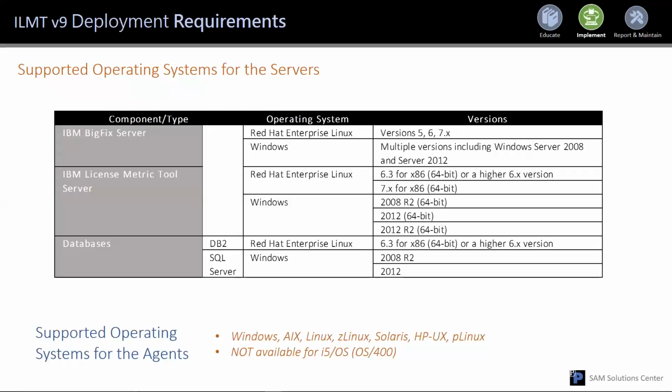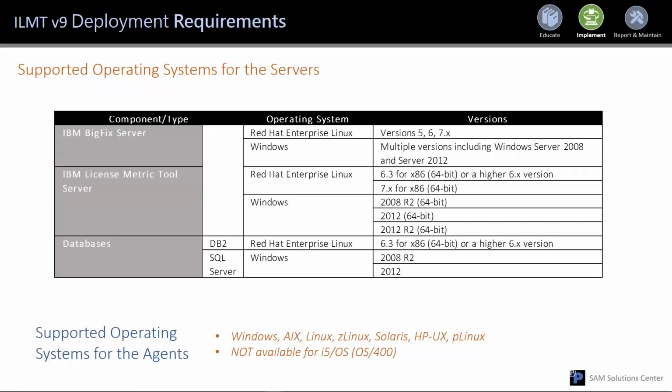Moving along here, I'd like to talk a little bit more about the supported OSs for the servers. As Bay mentioned, version 9 will run on either Linux or Windows with a DB2 and SQL Server backend. But we did want to give you a list of some of the supported OSs for both platforms here, along with some of the versioning as well.